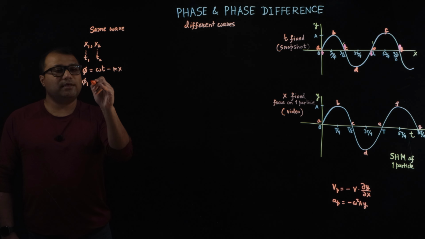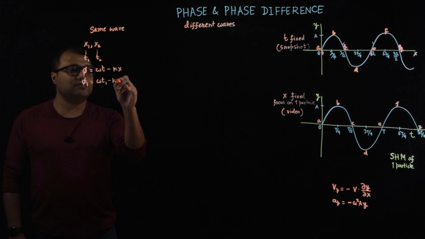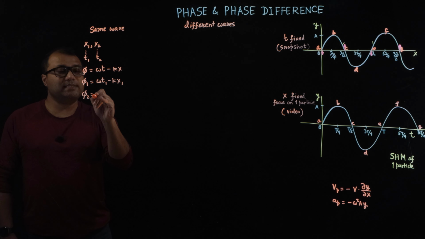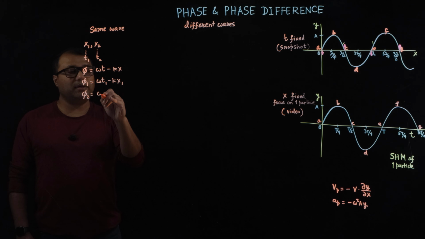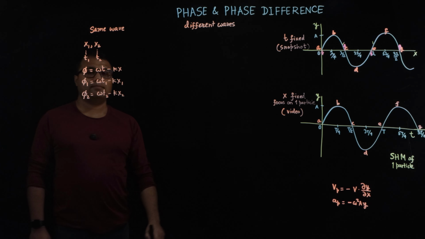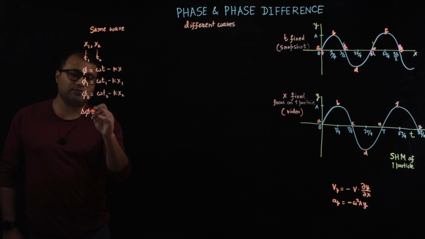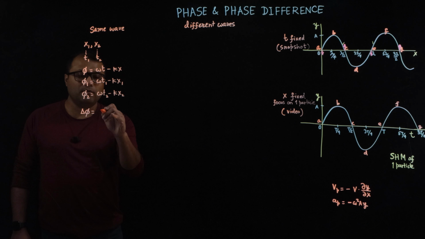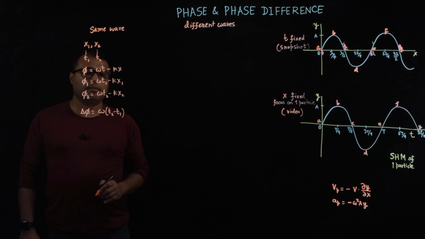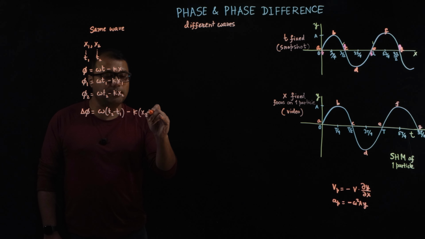So the phase for the first particle would be omega t1 minus kx1, and phase 2 of the second particle at a different time, omega t2 minus kx2. Now if I calculate the phase difference delta phi, which is phi 2 minus phi 1, we will get omega (t2 minus t1) minus k (x2 minus x1).